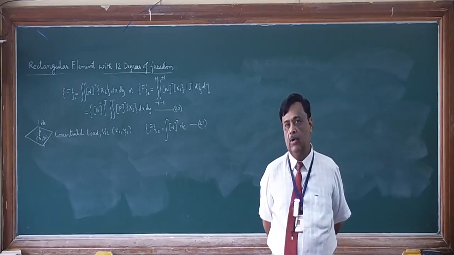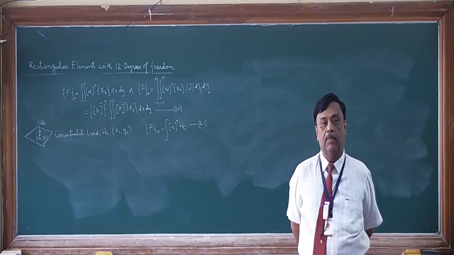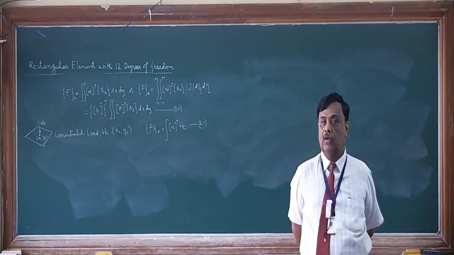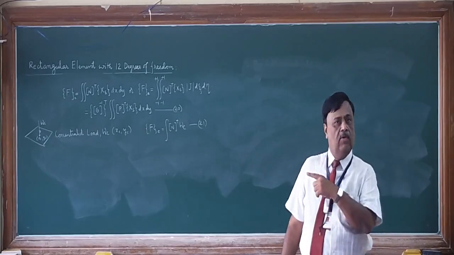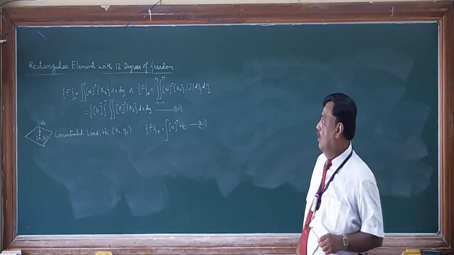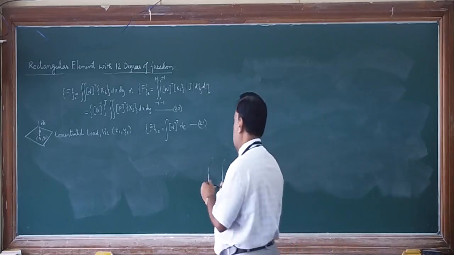Then only I can get unique solutions for all the 4 unknown variables. But by chance, if the number of variables is more compared to the number of equations known, then definitely you will not have a unique solution. This is called non-conformity. So this is exactly what is happening in this 12-degree rectangular plate. We'll just check and we will see that.